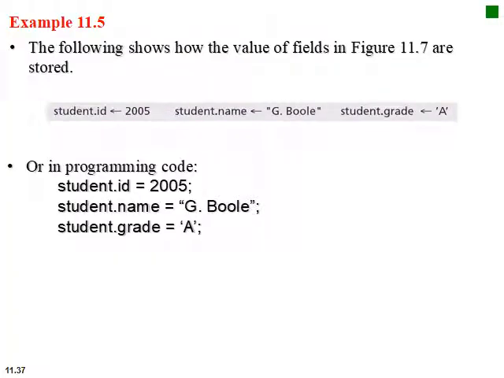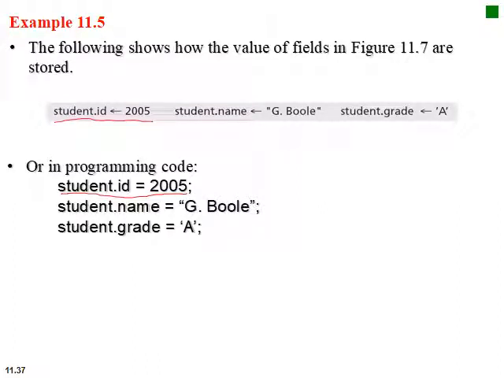So here's an example. It shows the value of those fields. In other words, if we say student.id is assigned the value 2005, basically we can do that with programming syntax by saying student.id equals 2005.